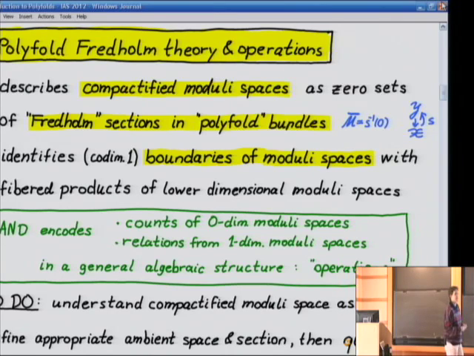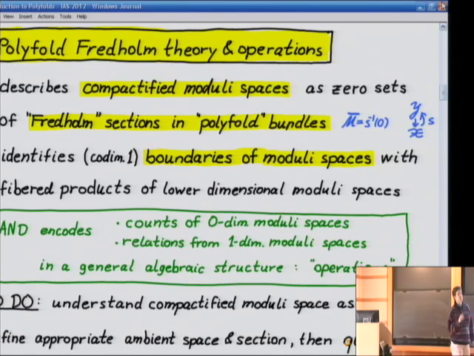So M bar comes with a smooth structure? We are going to give M bar a smooth structure, yes. Out of this, yes. And it's canonical? Indeed, yes. So no choice? Well, the polyfold description is not entirely canonical, but it's certainly a lot more canonical than a Kuranishi structure.